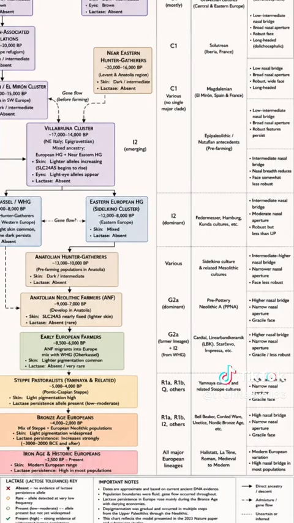Okay, so yeah, I zoomed it in, and you can see that these two groups, Western hunter-gatherers and the Eastern European hunter-gatherers, they are descendants from the Villabranca cluster. And so they split into East and West.